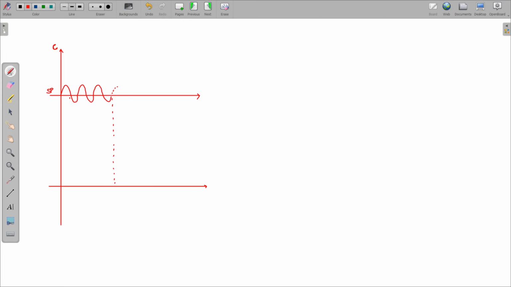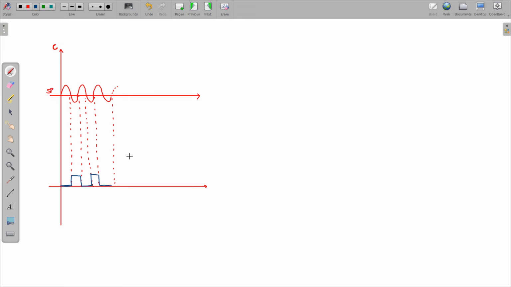This is my set point. As here my controlled output is more than the set point, the final control element will be off. So constantly this will switch between on and off, on and off, and very frequently this is going to take place.